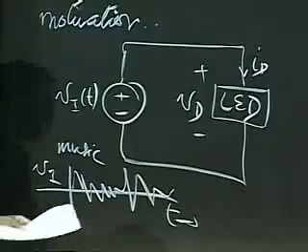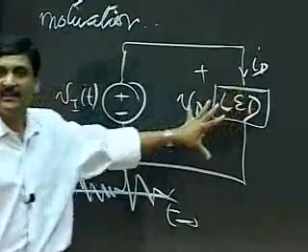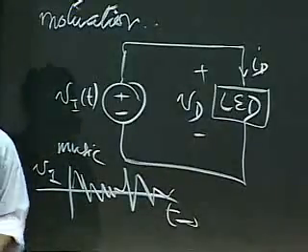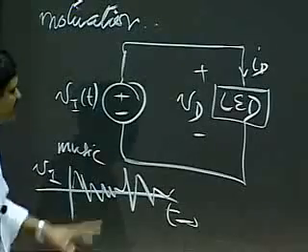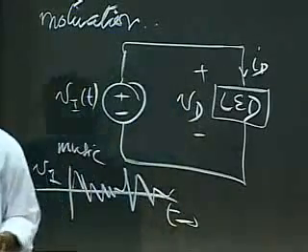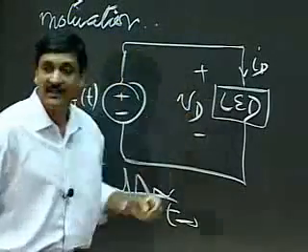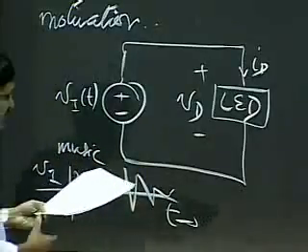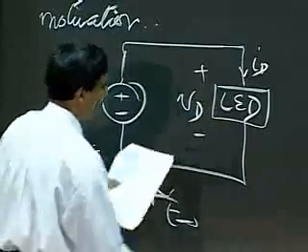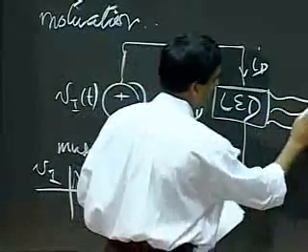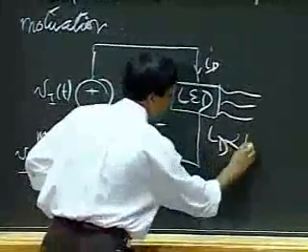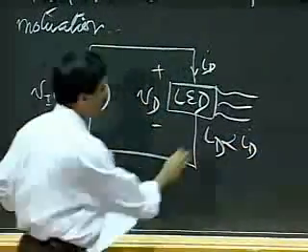For our analysis, we will assume that this device has virtually an identical iv characteristic to the exponential device, just that it emits light. So when I pass a current through it, it emits light, and the light intensity is proportional to the current that flows through. So light intensity L_D is proportional to i_D.